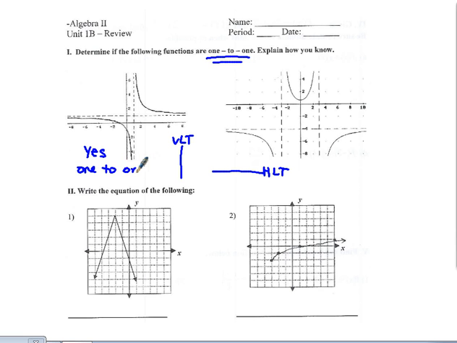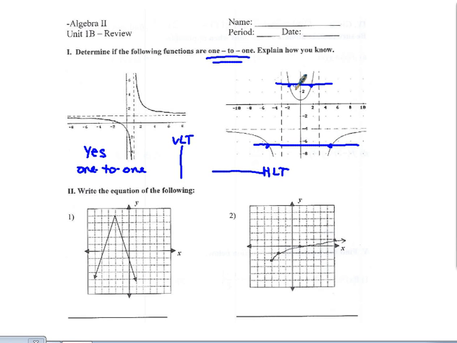Now, I think there might be some controversy because of these asymptotes. We're going to say it's one-to-one, that it never actually reaches the asymptote. In this case, however, if I do the vertical line test, we're good, right? Oh, I'm sorry, I can't get my pen to be a vertical line. But if we go this way, we never hit two parts of the function at one time. But if I do the horizontal line test, I hit twice here, or I hit twice here.